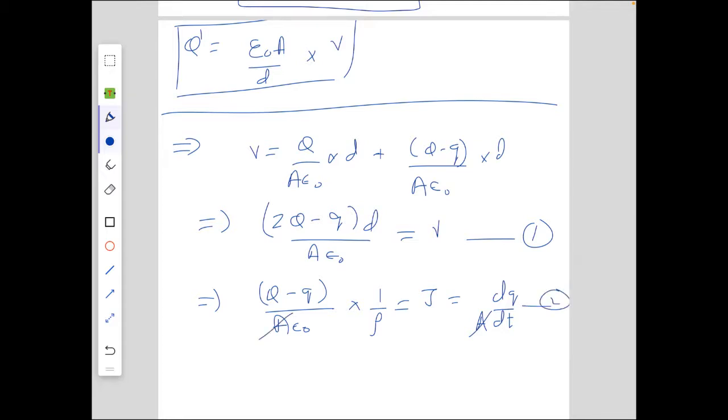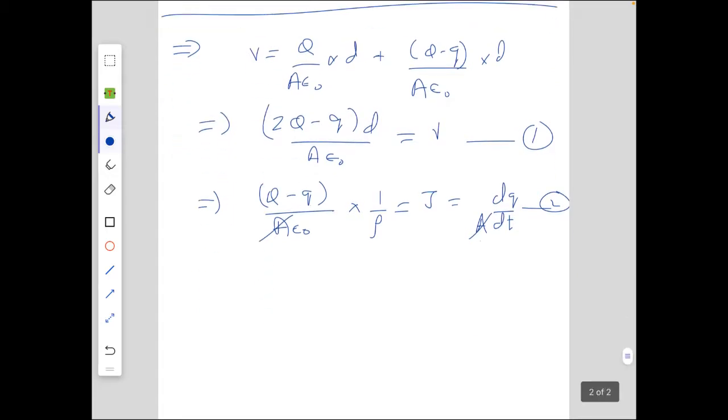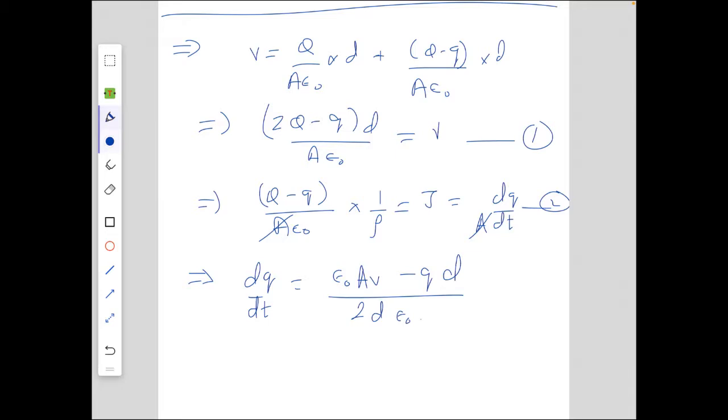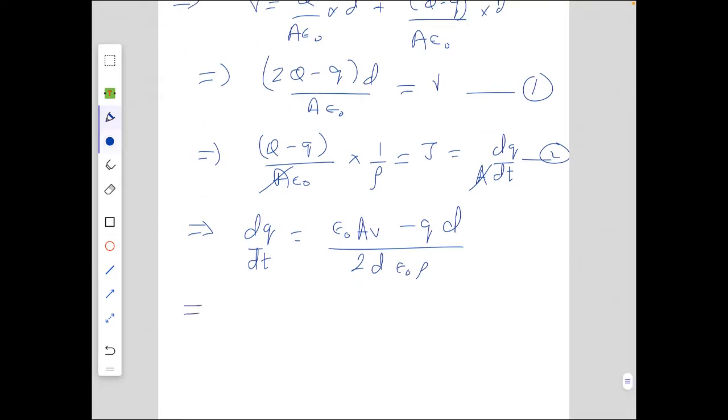We can substitute the value of small q from the above into the second equation, and finally the equation we get is dQ by dt equals epsilon naught A V minus Q d over 2d epsilon naught rho. You can check it by solving yourselves too. And from here we get dt by 2d epsilon naught rho equals dQ by epsilon naught A V minus Q d.